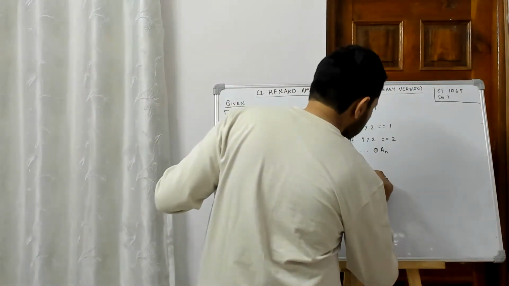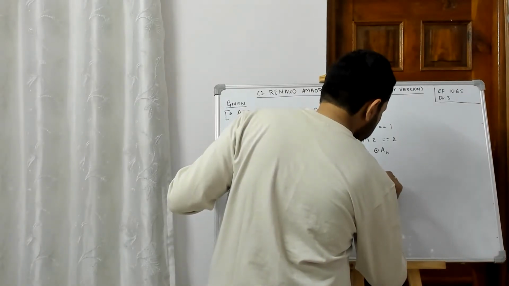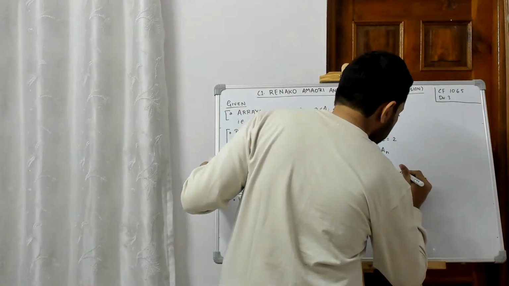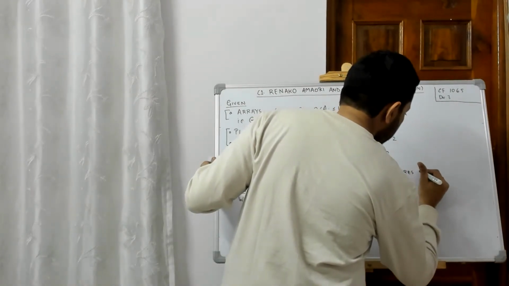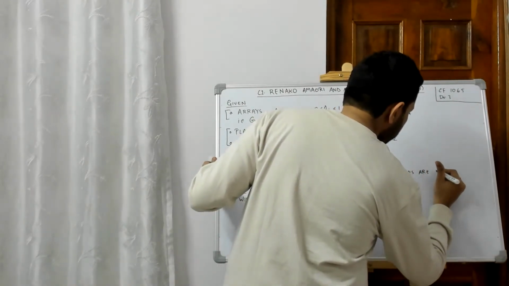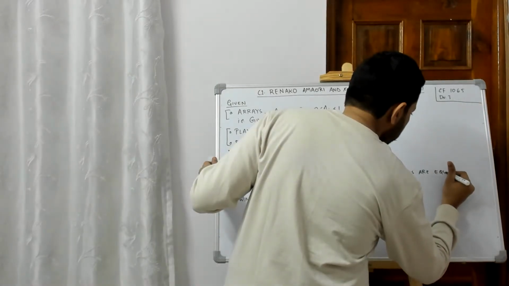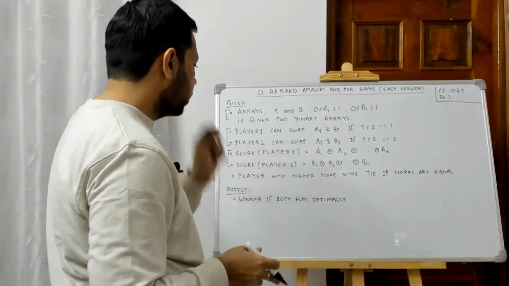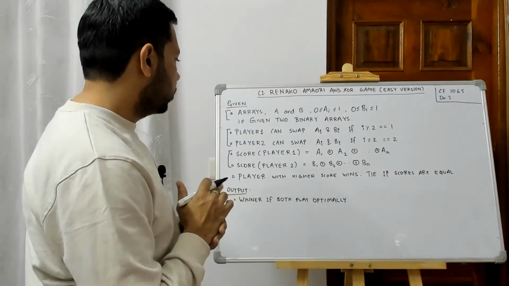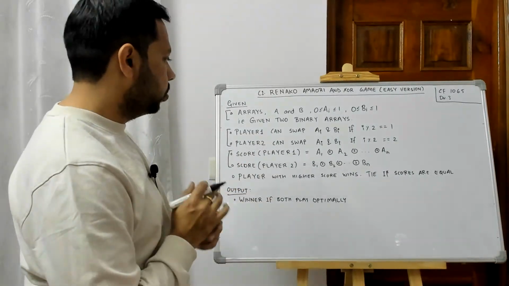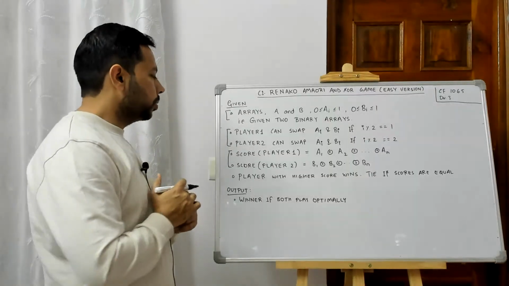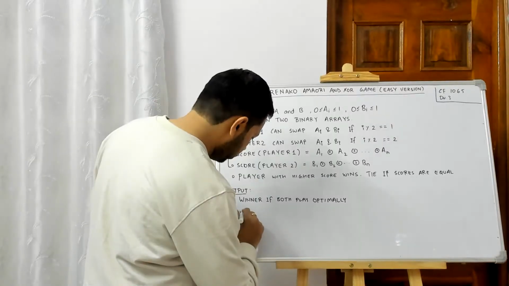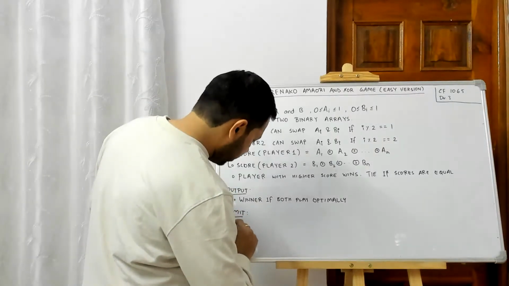A tie if scores are equal, and the player with higher score wins. Winner if both players play optimally. The limits, there is only one limit you need to know, which is n.